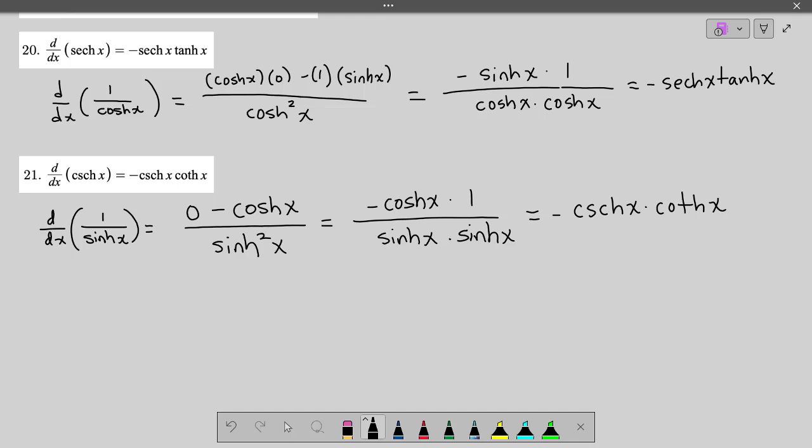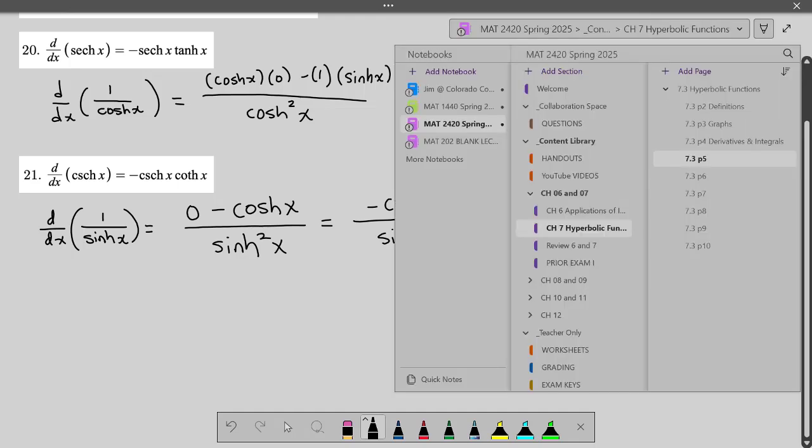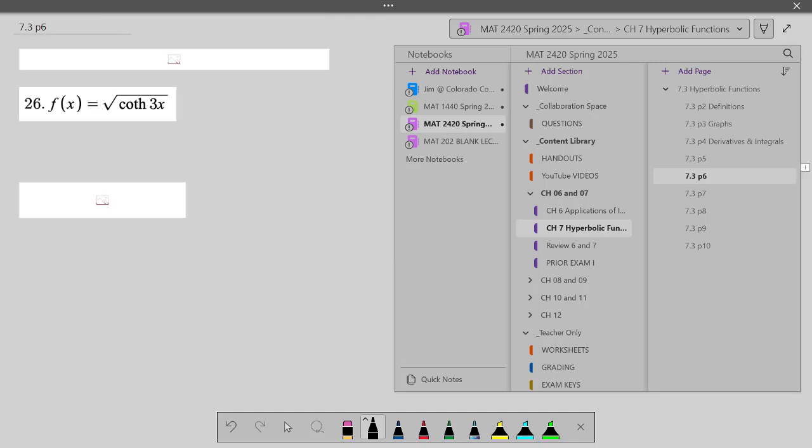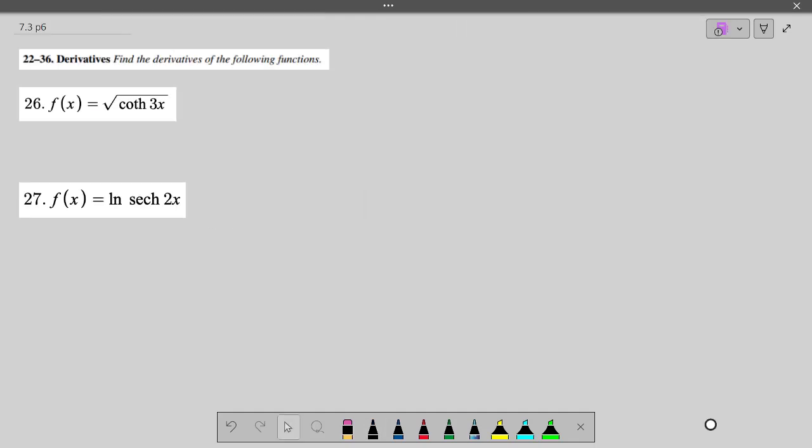We don't have the same convenience with the hyperbolics. The only thing we know is that sinh of 0 is 0, cosh of 0 is 1. Those are the main two values that we know. So we aren't going to have that. That piece will not be parallel. It's way more complicated, unfortunately.